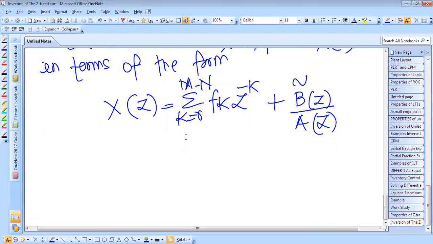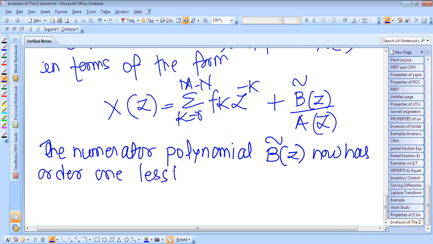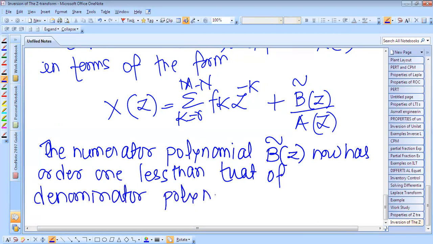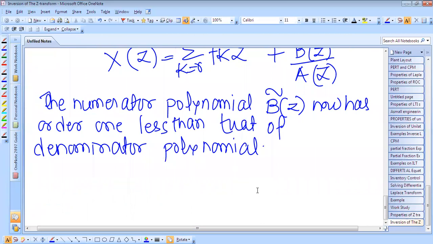Now the numerator polynomial b tilde z has an order 1 less than that of the denominator polynomial, and that is what we require, m should be less than n.